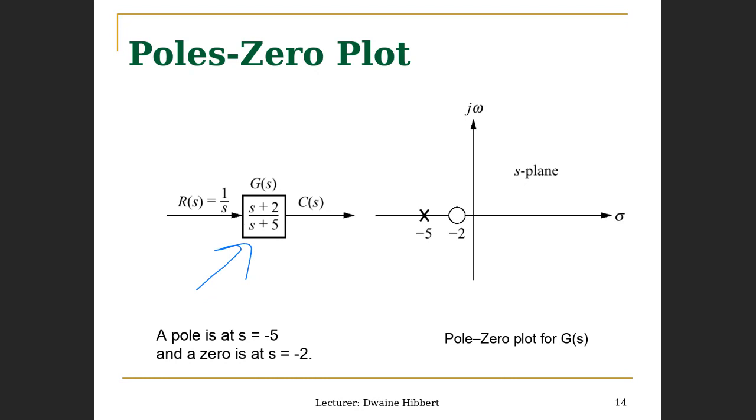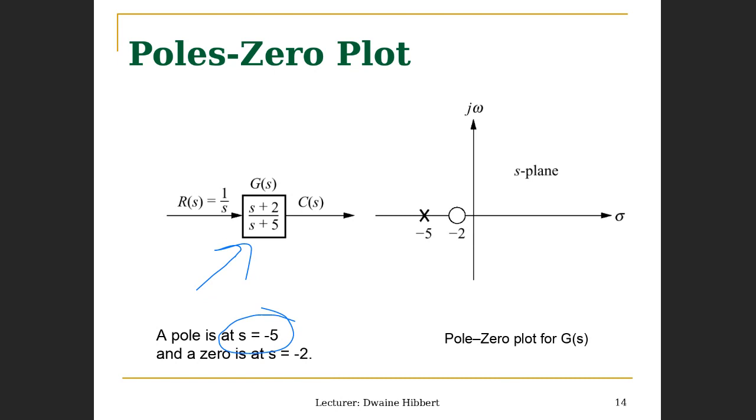Even though it is not mathematically sound to divide by 0, in terms of limits we recognize that when s approaches -5, the function tends to infinity. Therefore, s equal minus 5 is a pole for the system shown.